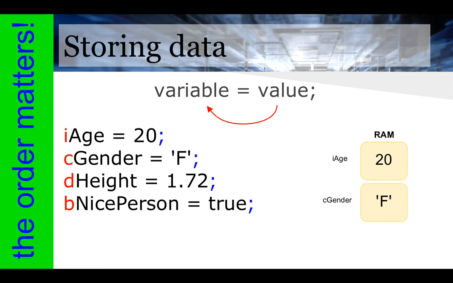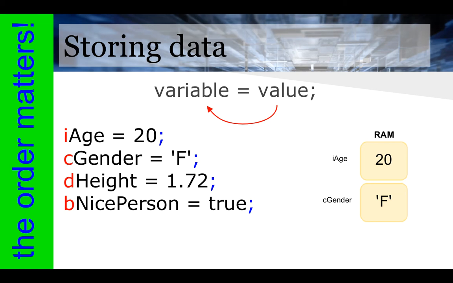So in this example, you can see something like cGender. As you can see, it starts with C. That means that you're going to be storing one character. Basically, you're going to be storing F for female, M for male. So it, once again, makes sense.